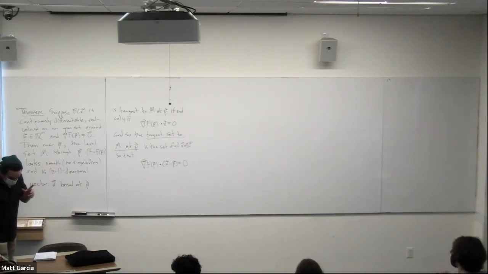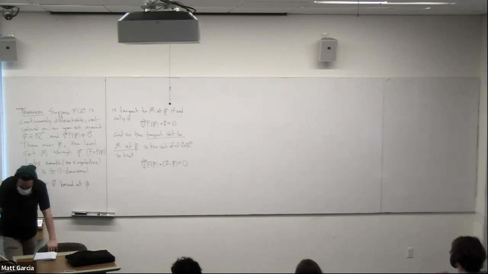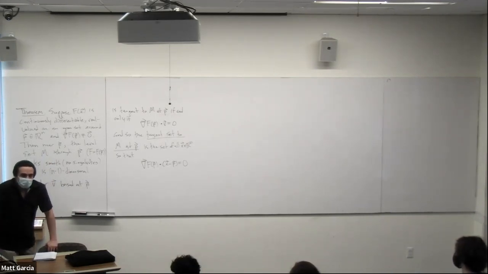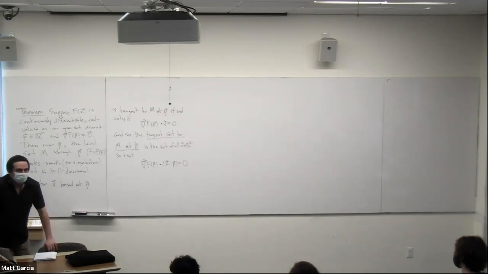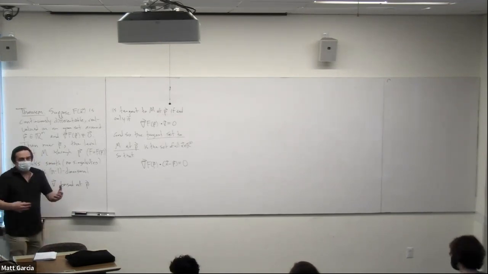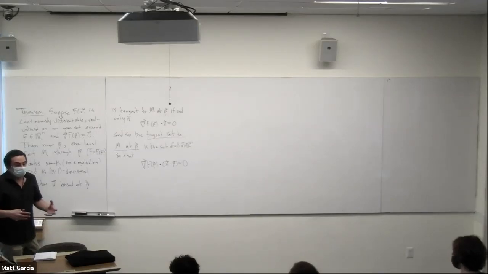Okay, so at this point, I want to emphasize that we had already defined what a tangent set is to the graph of a function. We're doing something slightly different now. We're defining what a tangent set is to the level set of a function, right? So these different perspectives will be useful to us at different times.